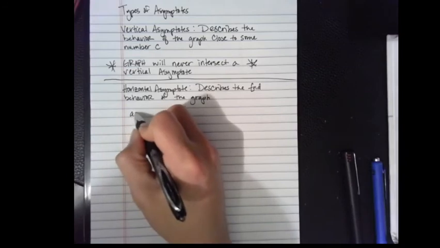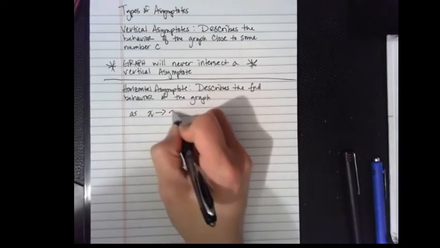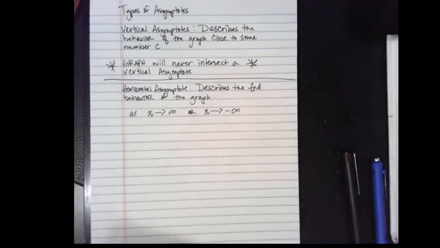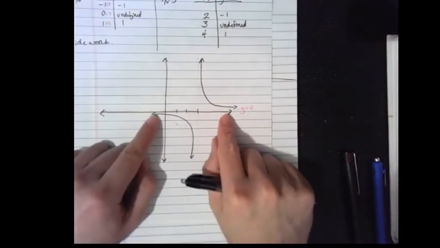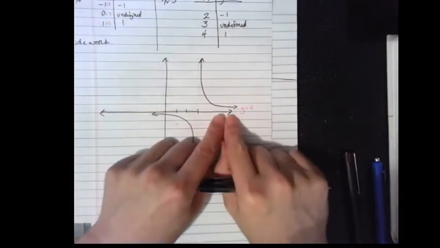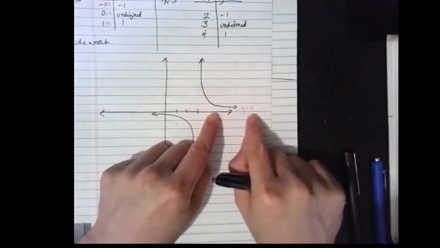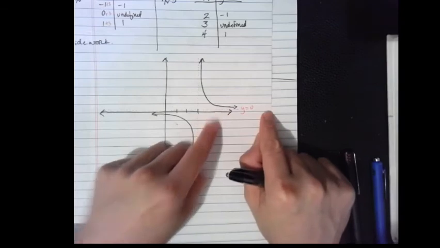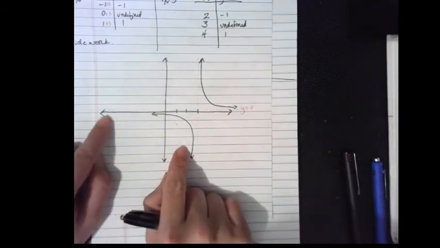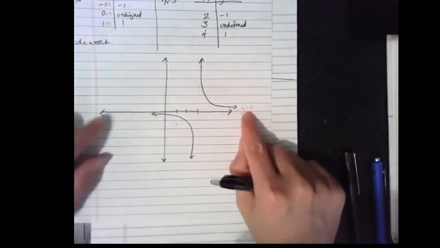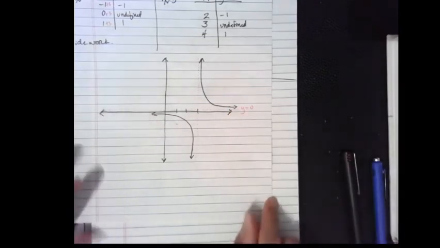So as x approaches infinity or as x approaches negative infinity. Looking here, my horizontal asymptote is y equals 0. And as x approaches infinity, which means as I keep going right, I'm getting closer and closer to 0. And as I'm moving left, closer and closer to negative infinity, I'm also getting closer and closer to 0. So my horizontal asymptote here is y equals 0, because it's talking about the end behavior.